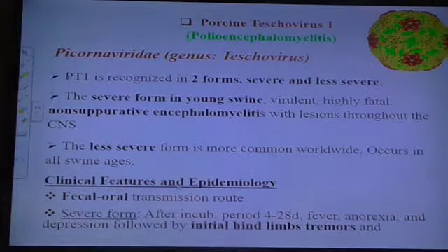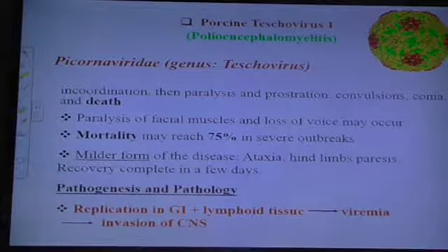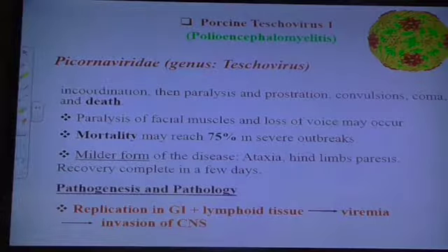The transmission is fecal-oral, and unusual, the clinical signs, which is the ataxia, the convulsions, etc., tremors, which may lead to death. The mortality is pretty high, up to 75% mortality in pigs can occur.